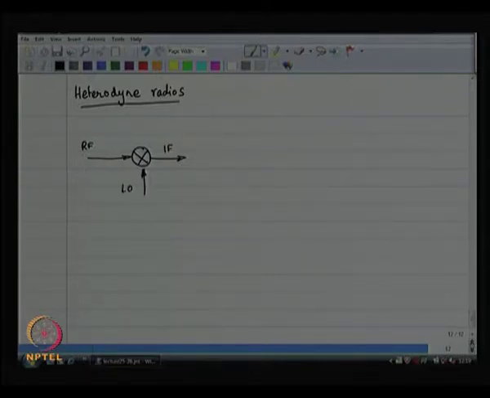So, let us do it by example. Let us say that my RF signal is at 1 gigahertz. Now, I am going to choose the LO signal at say a frequency of 0.9 gigahertz.